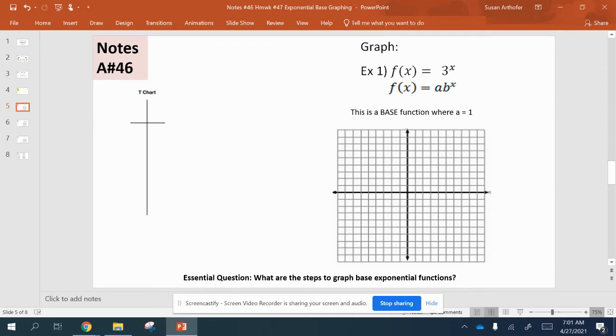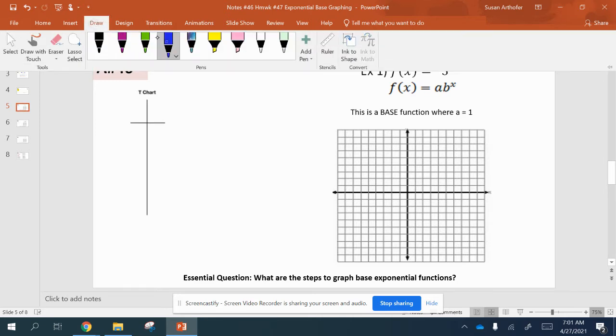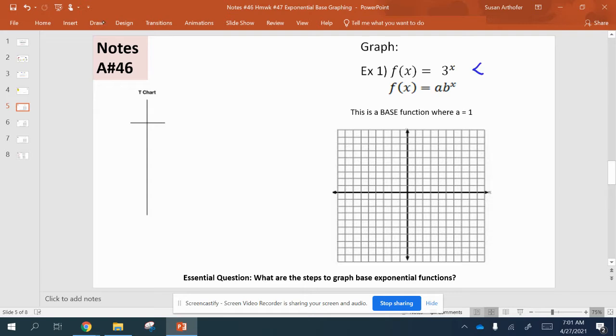Here's the first one. The first thing I want you to do is write down this equation: f of x is equal to 3 to the x. In this case, the base, the b that is hooked to the x, is going to be 3.